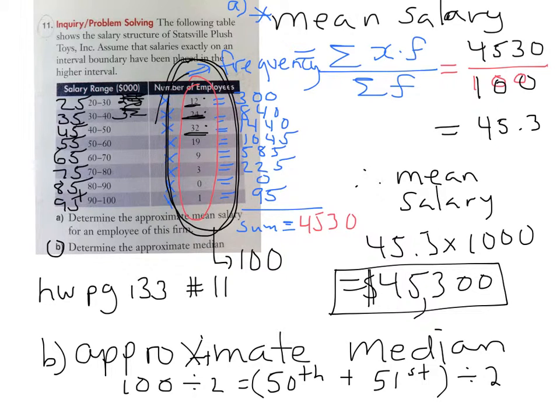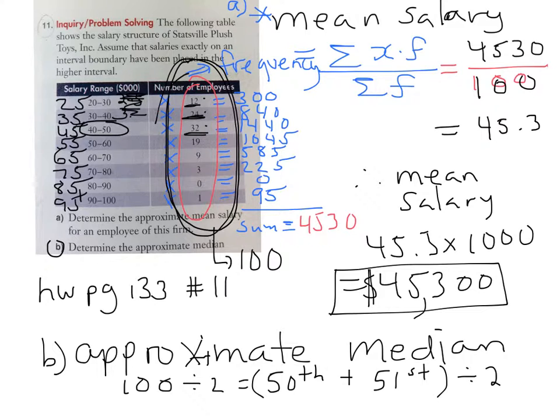So to find the 50th and the 51st, it has to go into the 40 to 50 interval. Because the first two cover up to 36 numbers. But we need to find where the 50th falls.